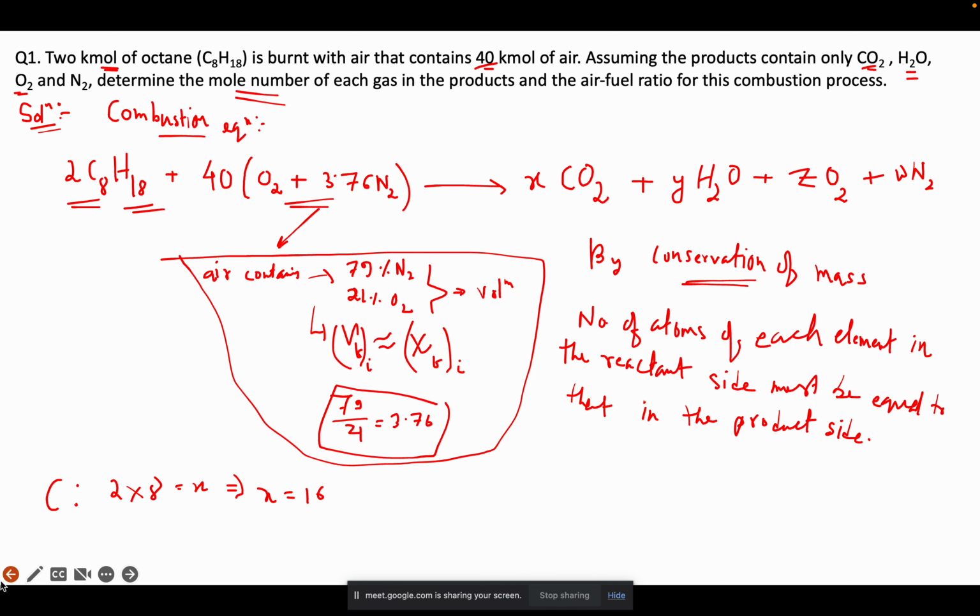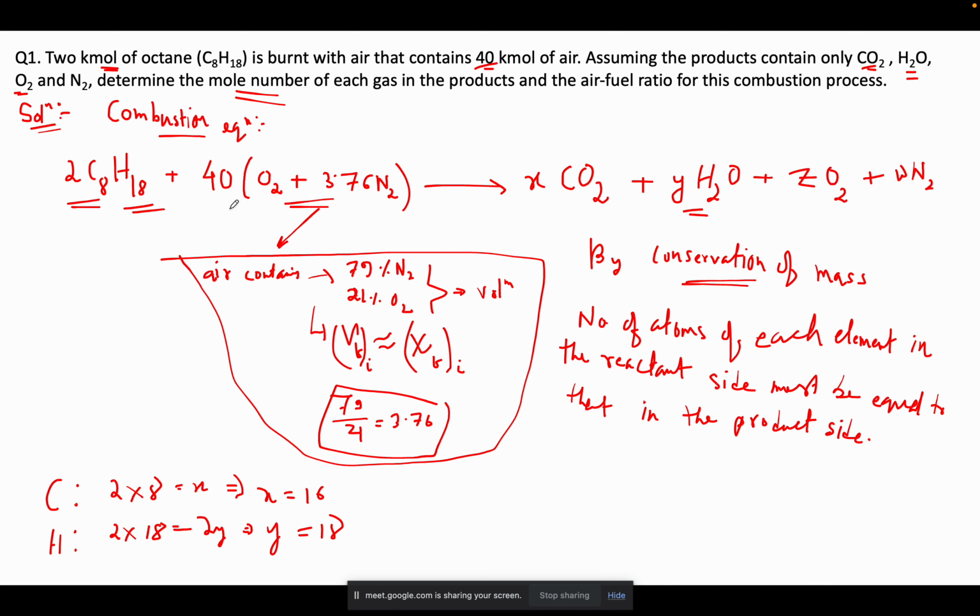Next I will do balance for hydrogen. Okay, so hydrogen, it will be 2 into 18, that will be equal to hydrogen here, 2y. So that means my y is equal to 18.